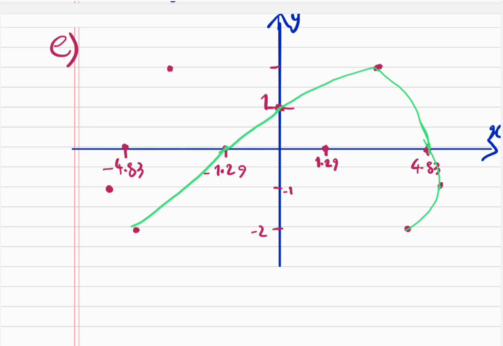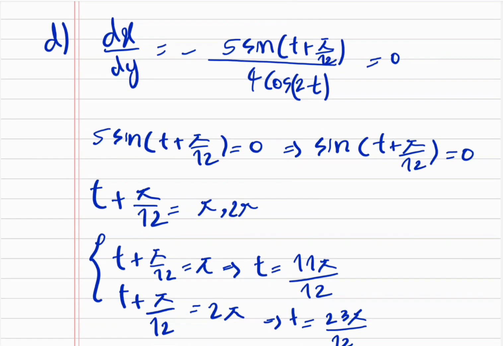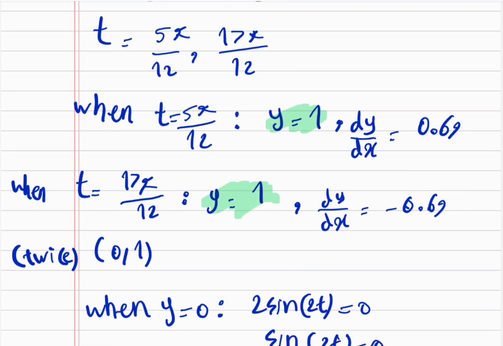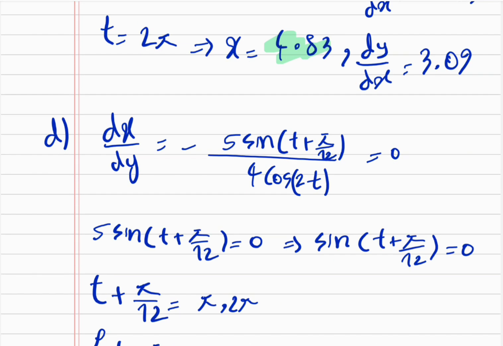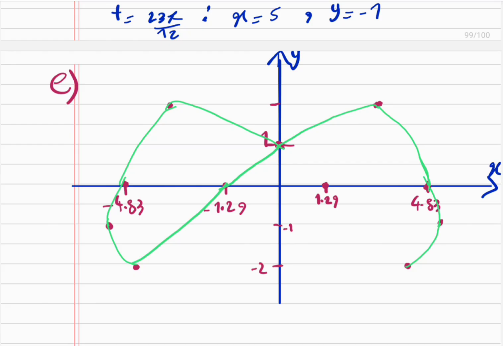This is a rough sketch, by the way. You can use Desmos to look at the accurate one. Then it goes here, and continues here. Then it returns to the y-intercept. The reason that happens is that, if you remember, the y-intercept repeats twice, so the curve intercepts it twice. Then it goes to this x-intercept, and finally just goes back to here.